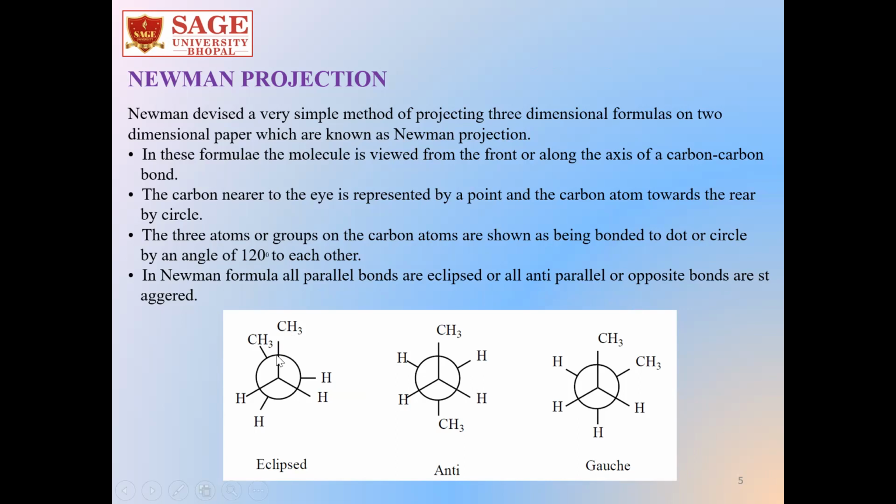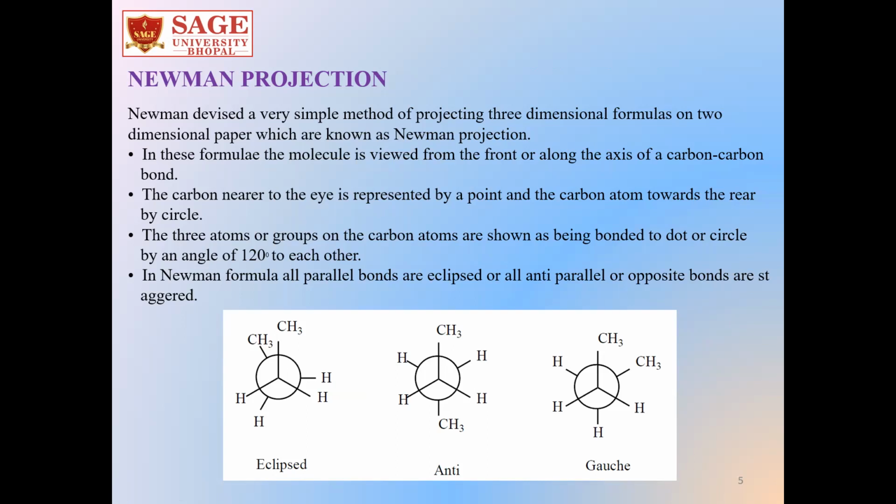Here we can see they are parallel, that is the angle is 0 degrees, so they are eclipsed. When they are completely 180 degrees, this is anti, and when the angle between this methyl and this methyl is around 60 degrees, that is gauche. So eclipsed, anti, gauche, this is almost similar to the Sawhorse formula. So this was about Newman projection.